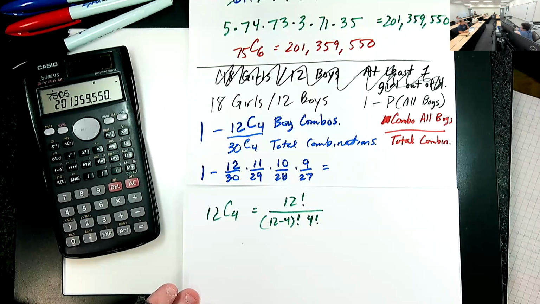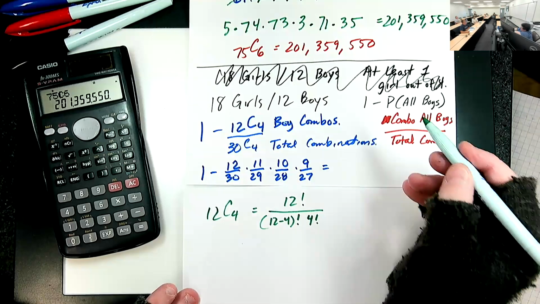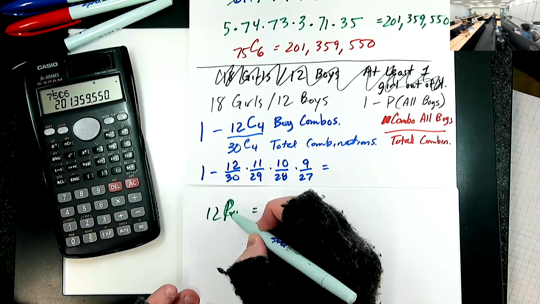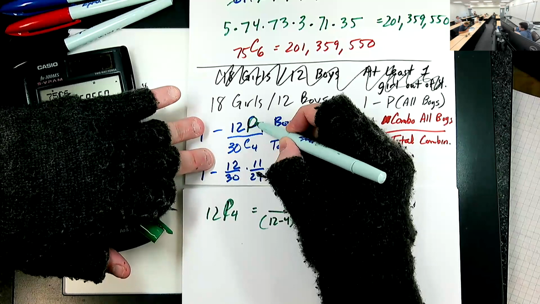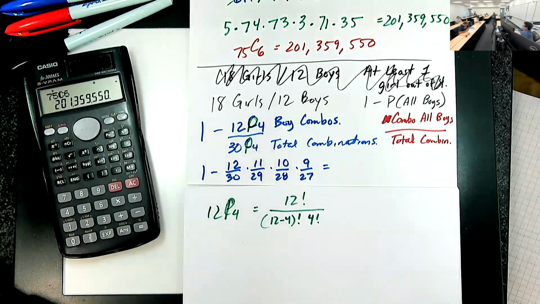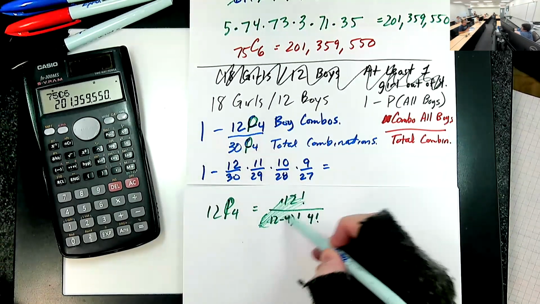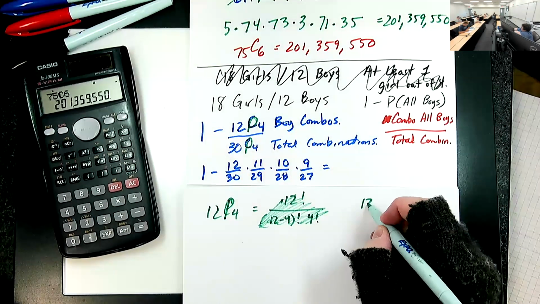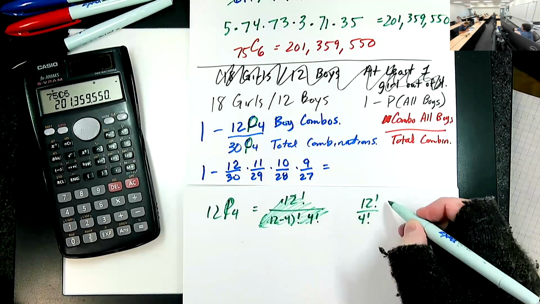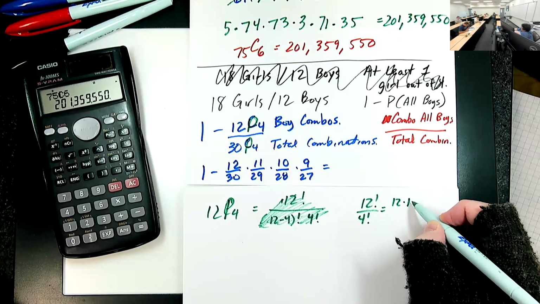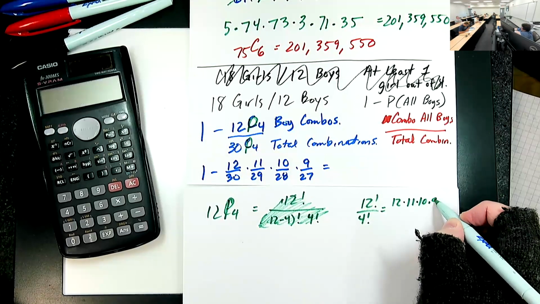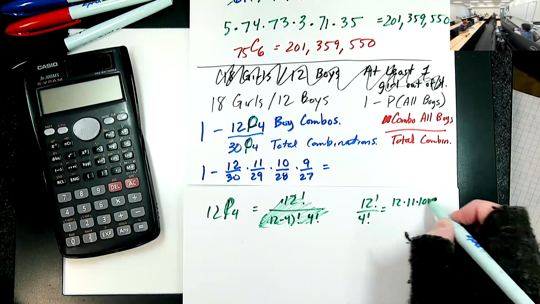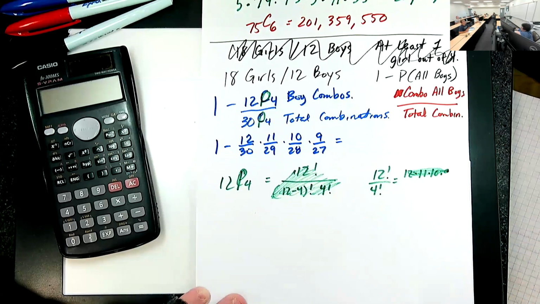This isn't going to work. This is nPr, because order matters. It's not nCr, it's nPr. These are P's. Order matters. I said we can't pick the same boy. nPr is 12 factorial over 4 factorial. If I multiply this out, it's 12, 11, 10. I don't want to do all that. I'm just going to leave it as 12 factorial.